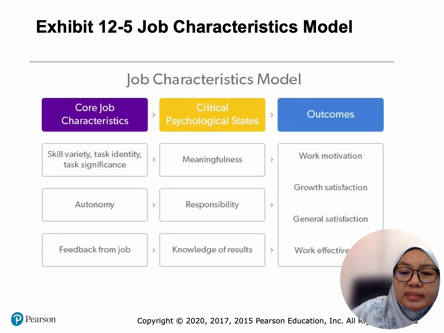Note too that jobs that possess autonomy give the employee a feeling of personal responsibility for the results, and that if a job provides feedback, the employee will know how effectively he or she is performing. Yeah? So we have skill variety here, task identity and task significance, and then autonomy, how much power they have to make decisions, and then they get feedback from their job.